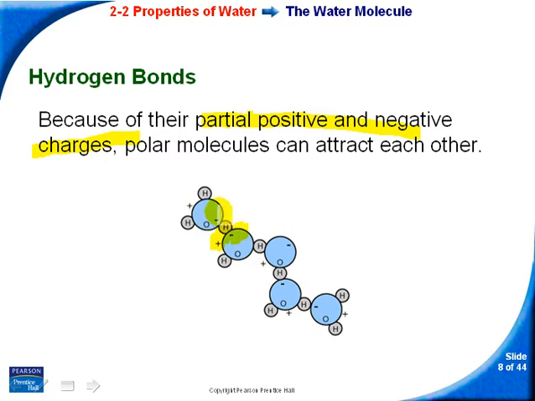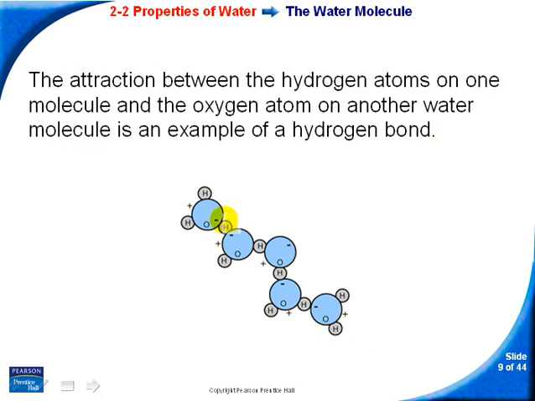So these two water molecules, 1, 2, will want to stick to each other. So the attraction between them is what's called a hydrogen bond. That's when the positively charged hydrogen atom wants to stick to the negatively charged oxygen atom.